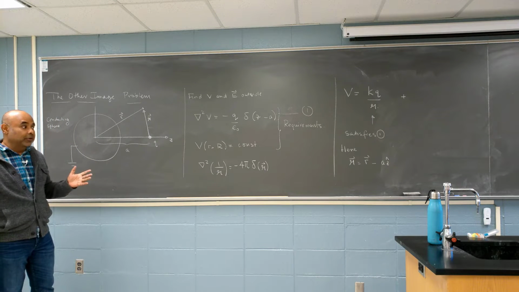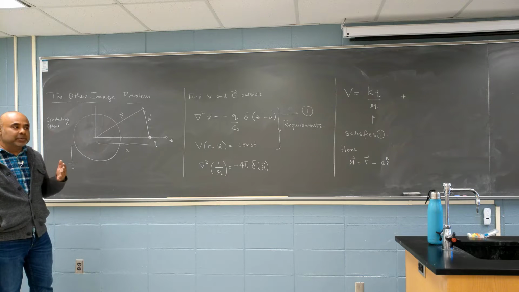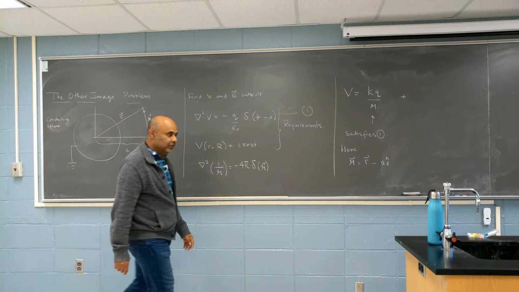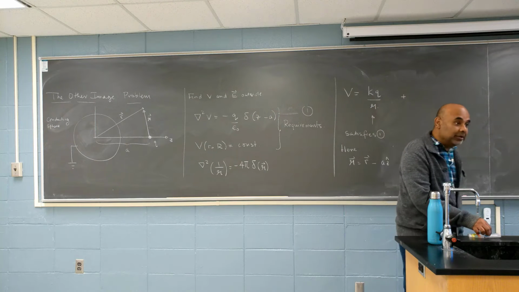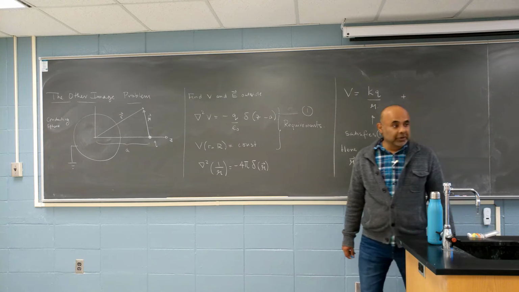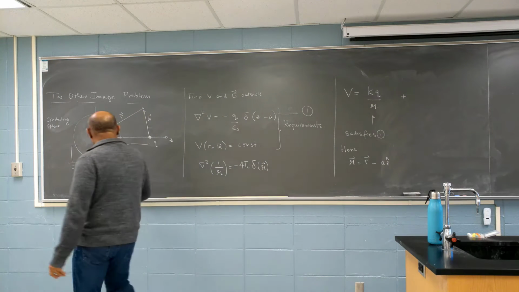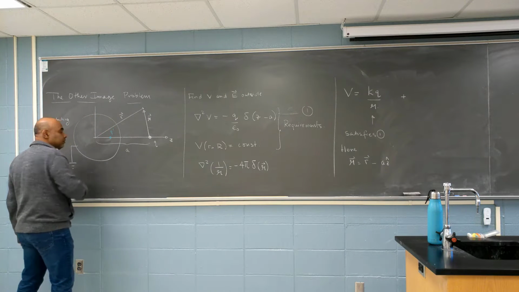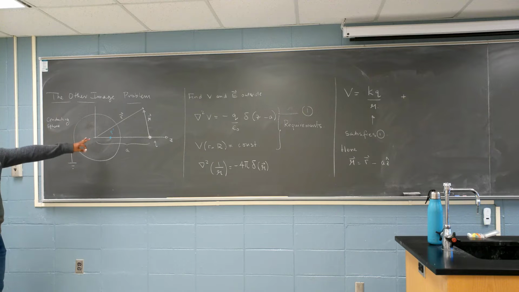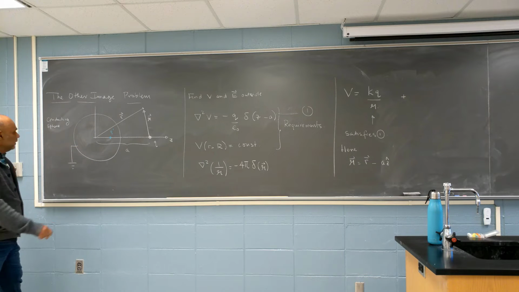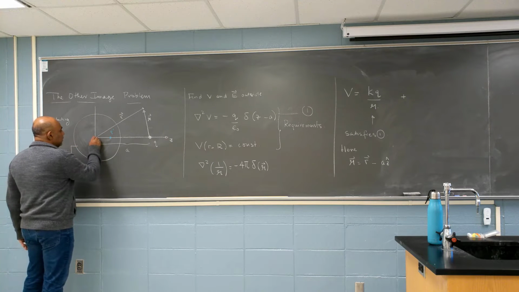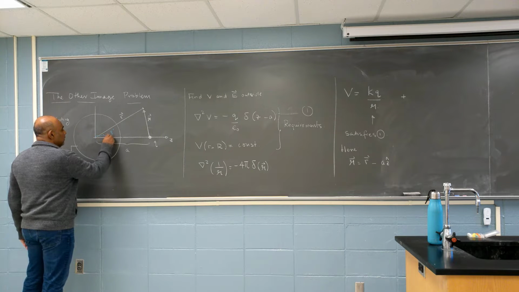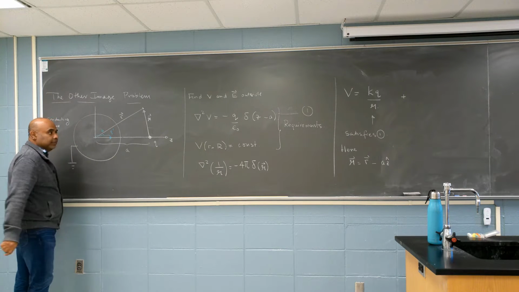So how do you do it? It's done by simple geometry. Let me write the result first. You invent a virtual charge. We call it Q prime. There's no charge there, okay? And this distance, you call it b.